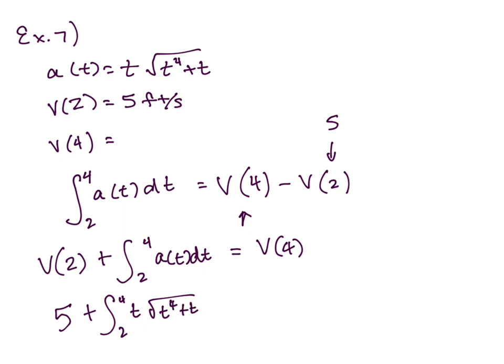Stay tuned. We'll learn that later this week. But for today, type on your calculator the stuff. So v of 4 is going to equal 5 plus the integral from 2 to 4.